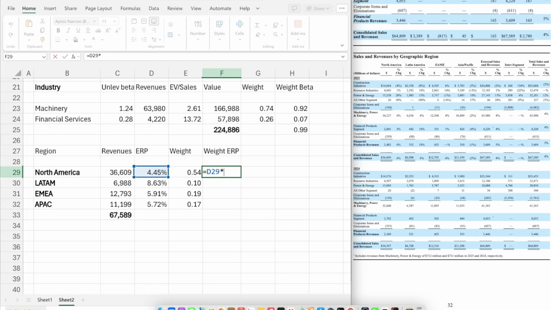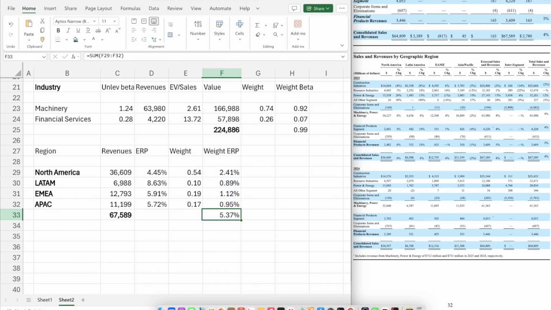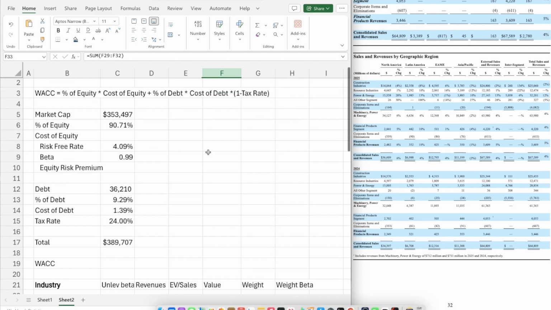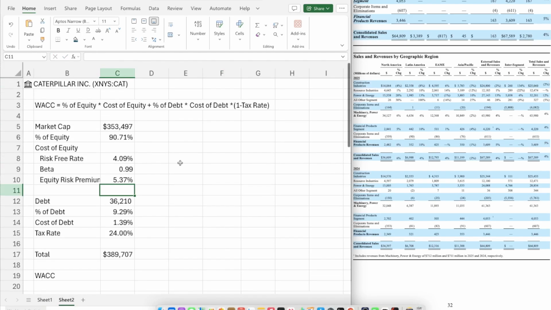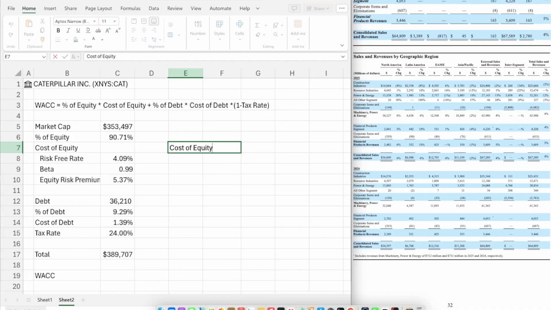Take your ERP and multiply it by your weight. Now your cost of equity is your risk-free rate plus your beta multiplied by your equity risk premium.